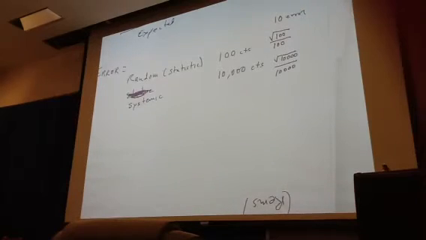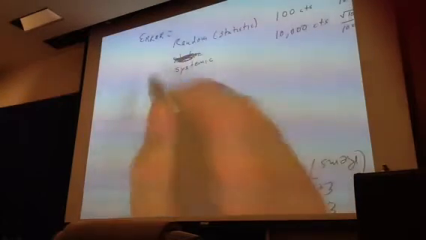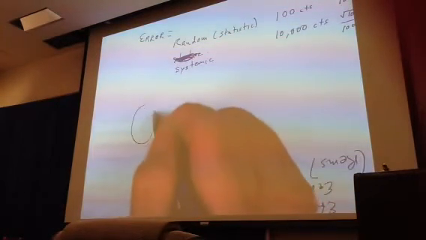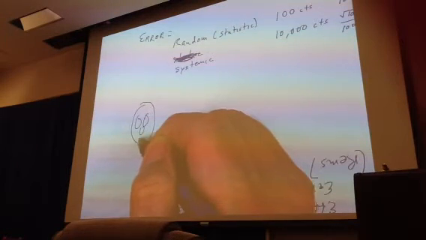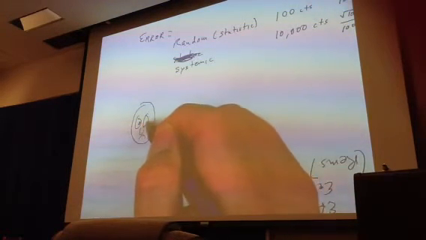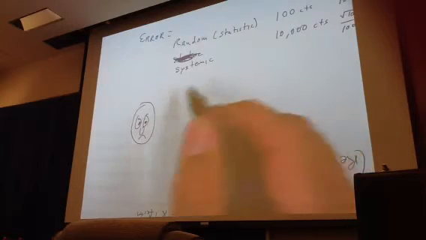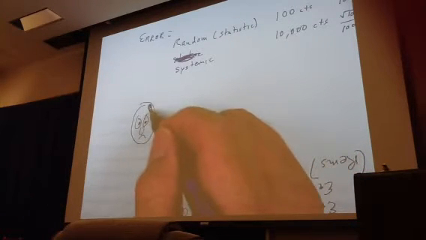Let's see how that would play out in a real-life situation. Let's say we have a patient, and I'm going to use CT for example, who comes in with a subdural hematoma.